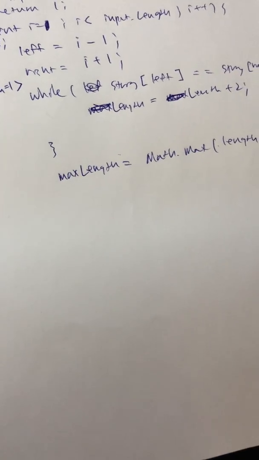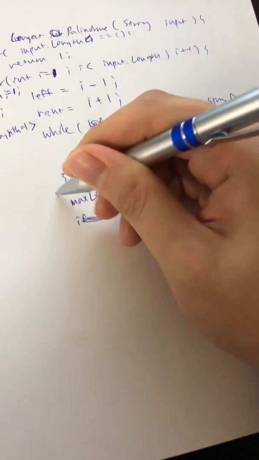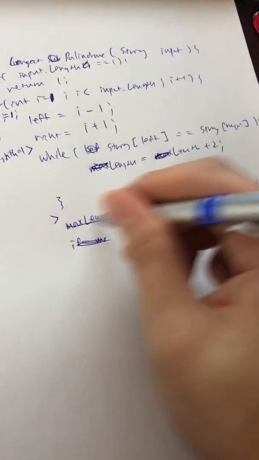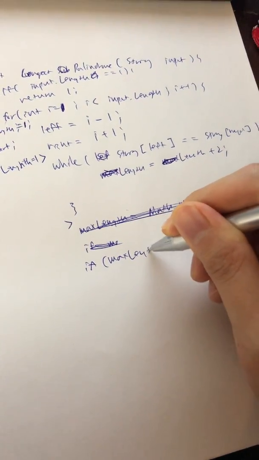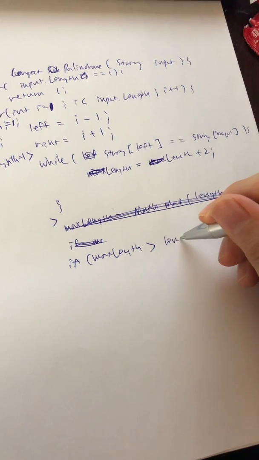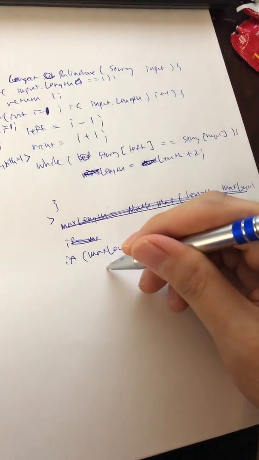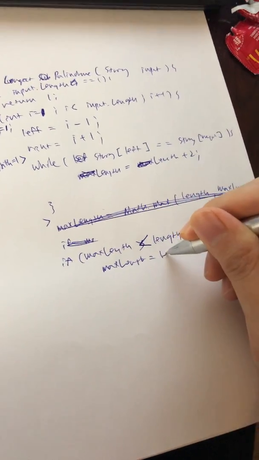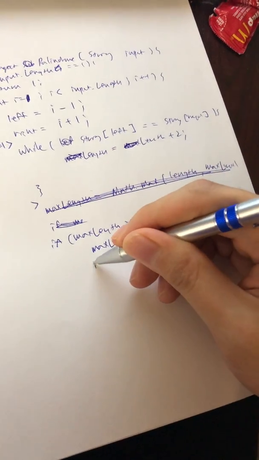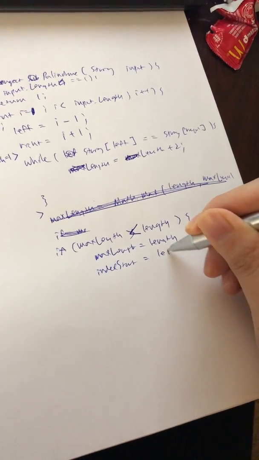And if it happens that, sorry, I should have done this differently: if length is bigger than max length, I'm going to make max length equal to length, and I'm going to set the index start to the left.